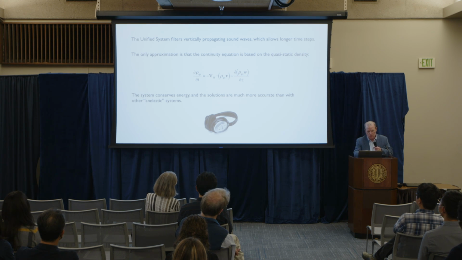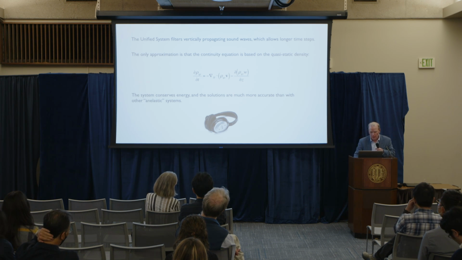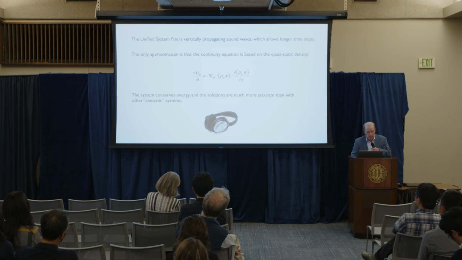So all you do is replace rho by rho QS, and everything else remains exactly the same as in the full compressible system. It turns out that this system, besides filtering the vertically propagating sound waves, conserves energy, which many other analytic systems do not, and is also more accurate than the other systems. So it's win-win-win.